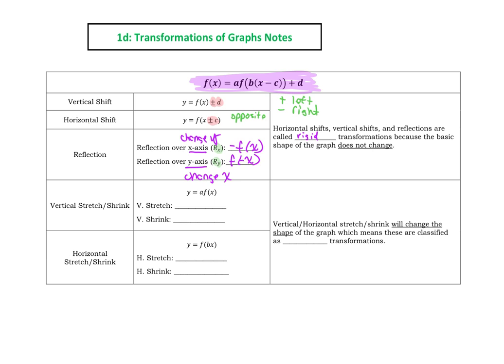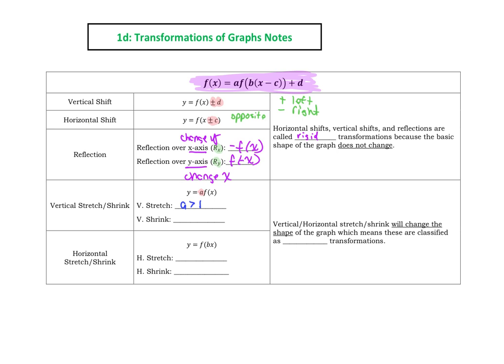A vertical stretch is the A value. When it's on the outside of the grouping symbol, that is where the vertical is located. For a stretch, that A value is going to be bigger than 1: a 2, a 1.5, a 5, a 3.